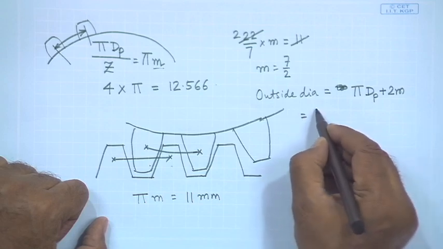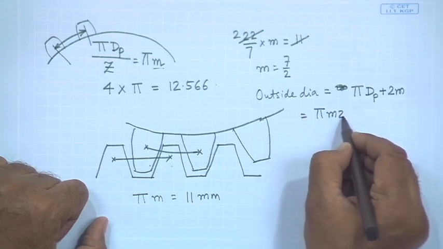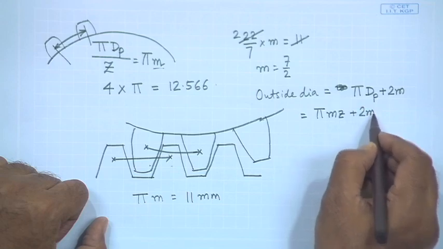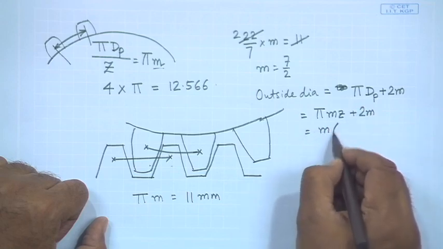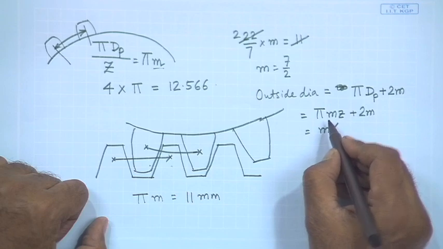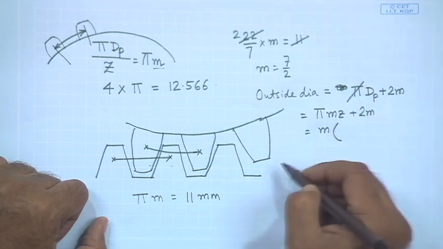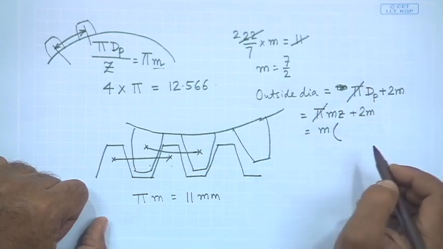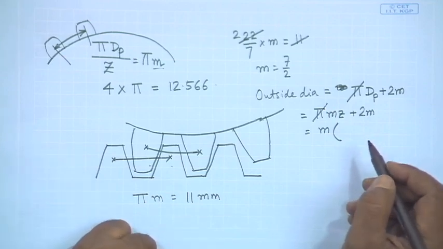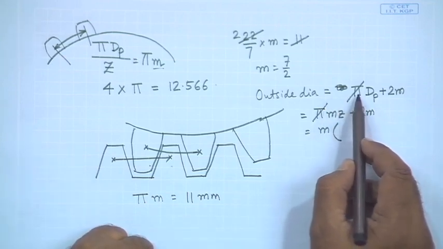This is equal to m z plus 2 m, which means m being taken common. I'm sorry, please drop this one. I'm extremely sorry, drop this one. This is in the circumference, so it's not in the diameter.